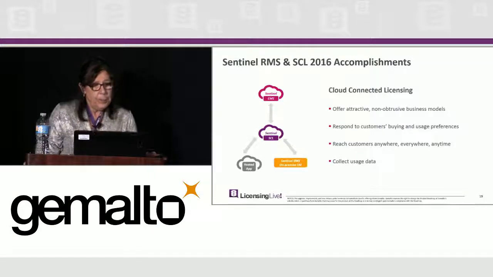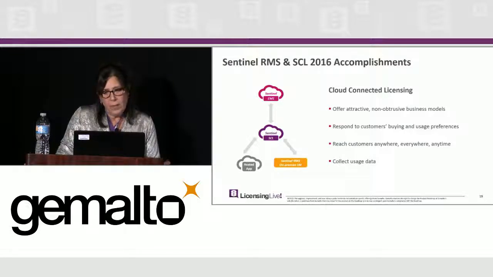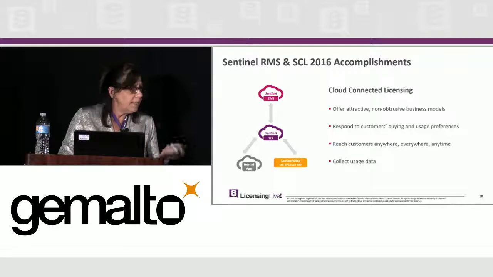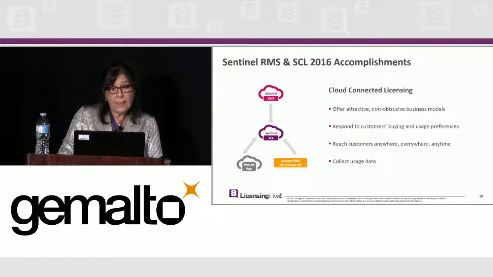So with pure cloud licensing that we just recently released as the second phase, we pretty much have a single solution that can address the needs of on-premise, disconnected users, hybrid and lease types of deployments, all the way to hosted and SaaS types of applications. Another benefit is the ability to collect usage.